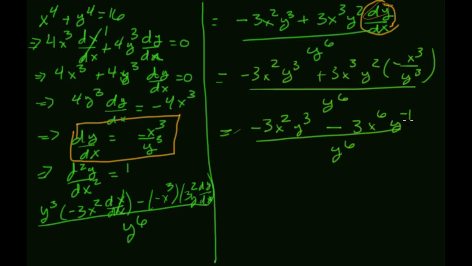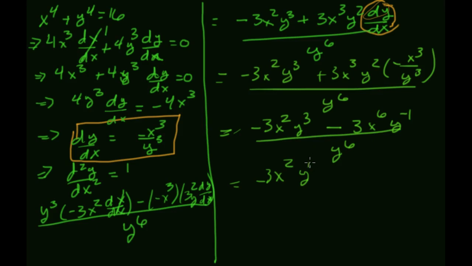We don't like having that negative 1 there, so we're going to multiply top and bottom by y to the 1st.